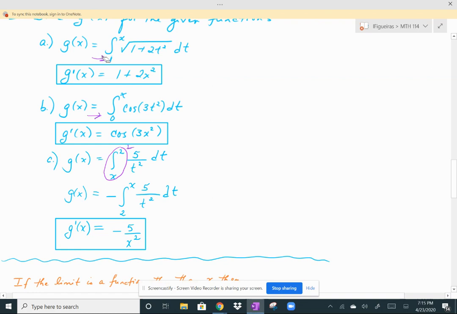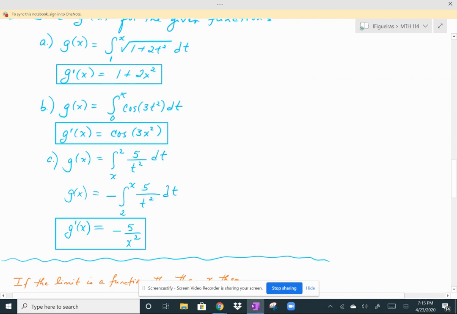But the 2 is an upper limit instead of a lower limit. So we need to remember something from our integral properties, which says that if you flip the limits, that's just the opposite sign of the integral. So that's what I did here. Then I can do exactly what I did in the previous two examples. The derivative of g is just the negative of 5 over x squared. So just replace your variable with x.